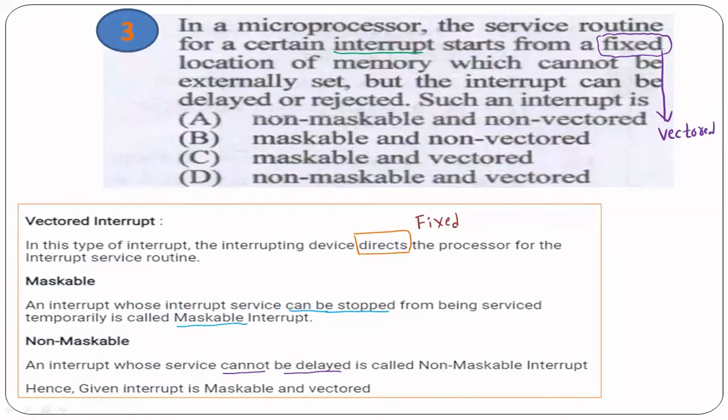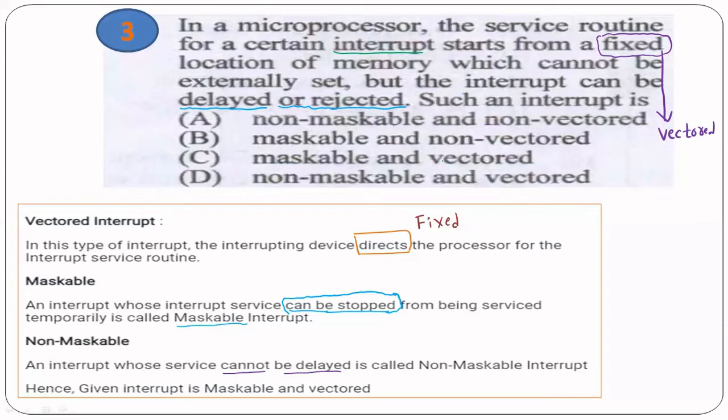What is the meaning of delayed or rejected? The interrupt can be stopped or delayed temporarily.